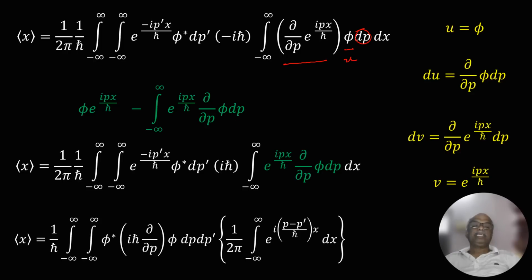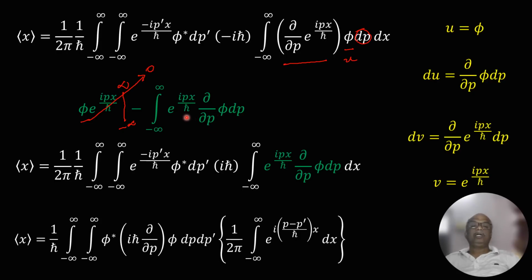Now here you have to apply the limit minus infinity to plus infinity. Remember that psi is a wave function. So the wave function vanishes at infinity, you know very well. So this will be equal to 0. So only the second part of the integral exists.